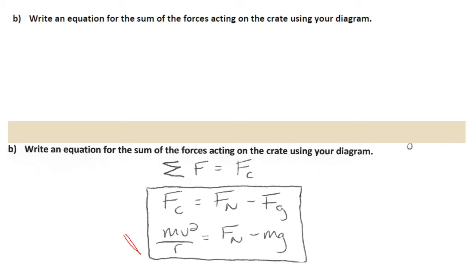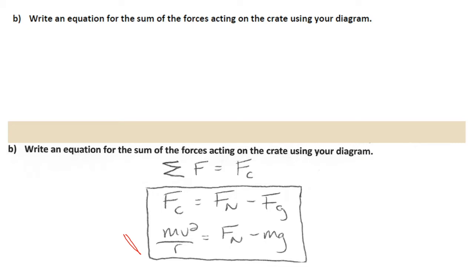And you didn't need to do this second line here. I just did it because I figured we might as well. We're going to have to use it in that form later. I changed FC and subbed in mv squared over r, which is the equation for the centripetal force, and I put in the normal force minus mg for the normal force minus the weight part. And that's it. Now here, it's important to realize the equation is pretty straightforward.